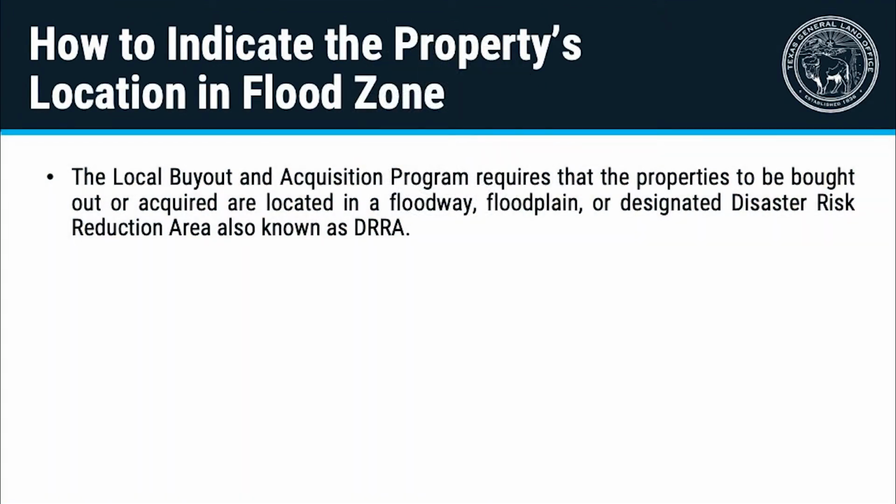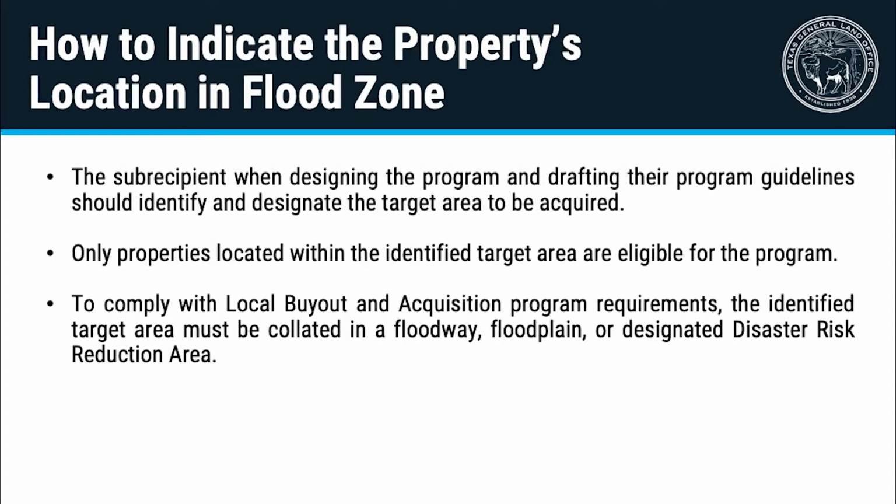The Local Buyout and Acquisition Program requires that the properties to be bought out or acquired are located in a floodway, floodplain, or designated disaster risk reduction area, also known as DRRA. The subrecipient, when designing the program and drafting their program guidelines, should identify and designate the target area to be acquired.